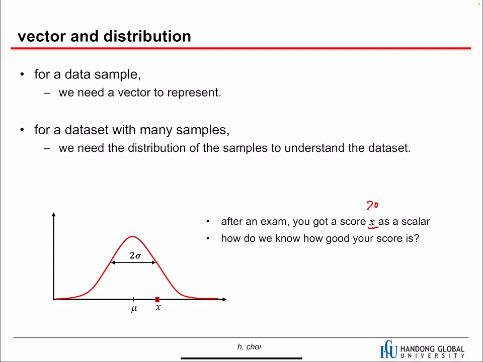If there are lots of students with 80, and you get a 70, then your score is not quite good. But if the distribution looks like this, then your score is quite good. So to understand the samples, we need the distribution. That's why we want to estimate the density or distribution.